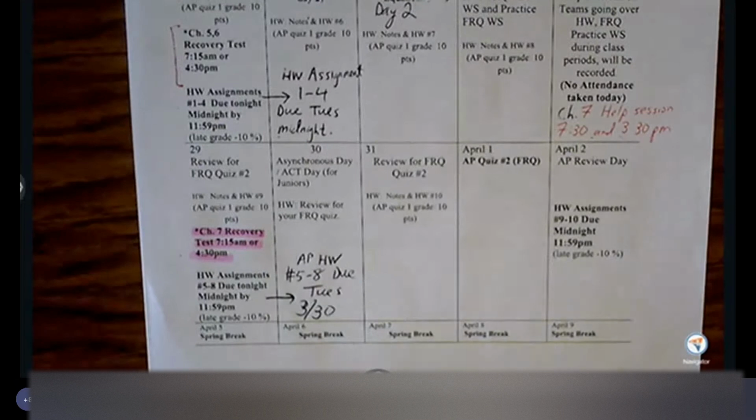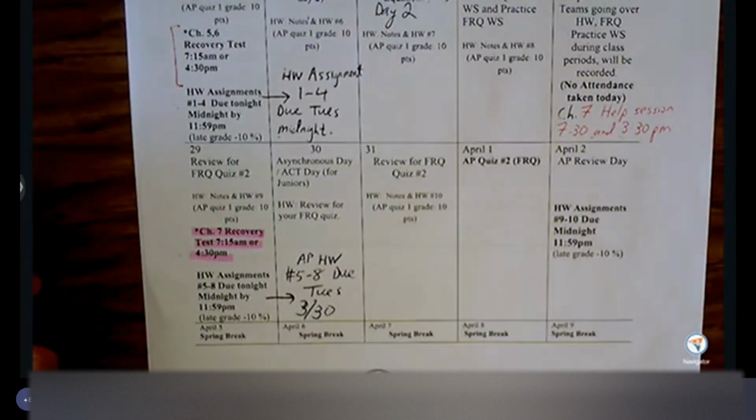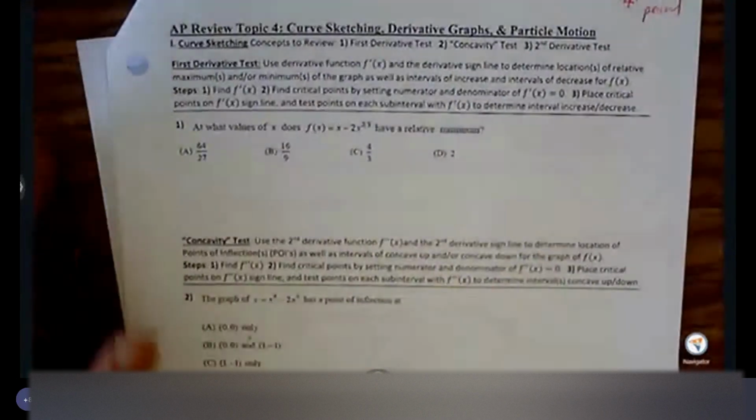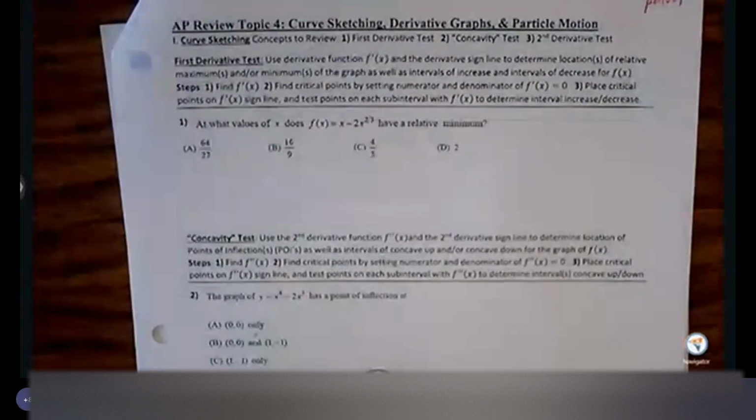All right, let's look at curve sketching, derivative graphs, and particle motion. So we're starting off with curve sketching. We're really not going to do a whole lot with actually sketching the curve.